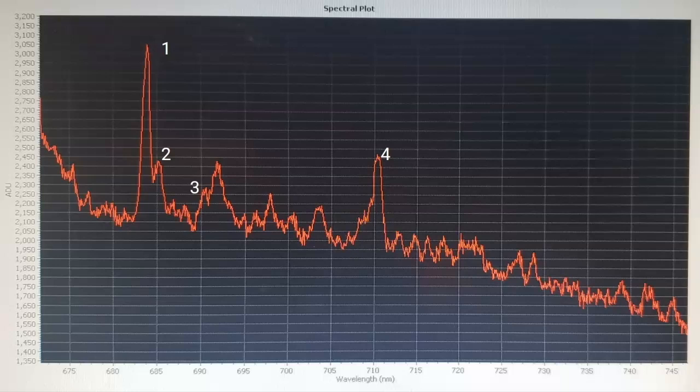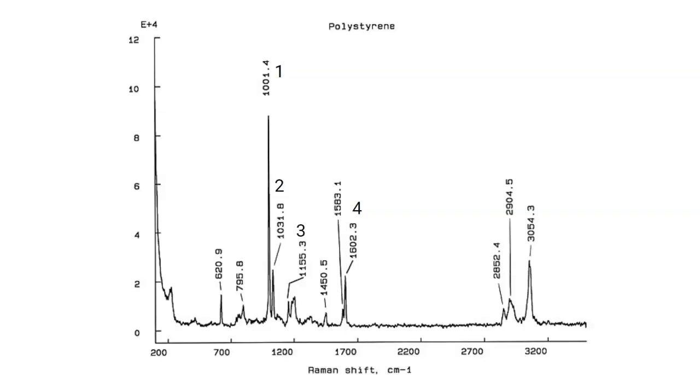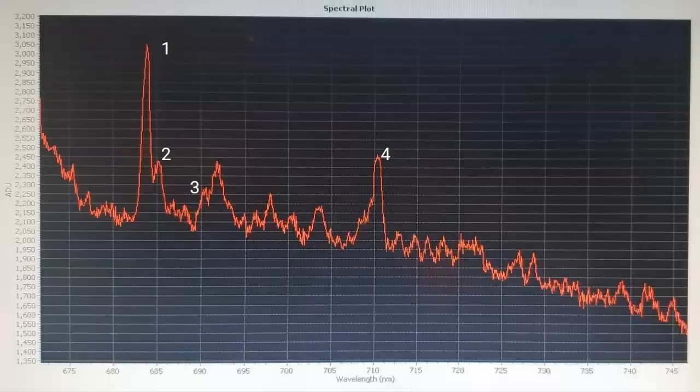That corresponds to a Raman shift of 1,119 inverse centimeters. If you'll notice in the accepted spectrum, that's 1001. So ours is a little bit larger, and you'll see that is a bit of a trend. In the second peak, we got a Raman shift of 1146.